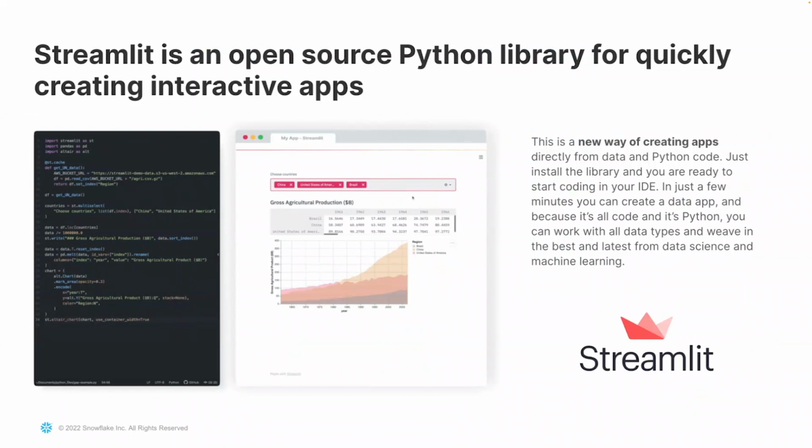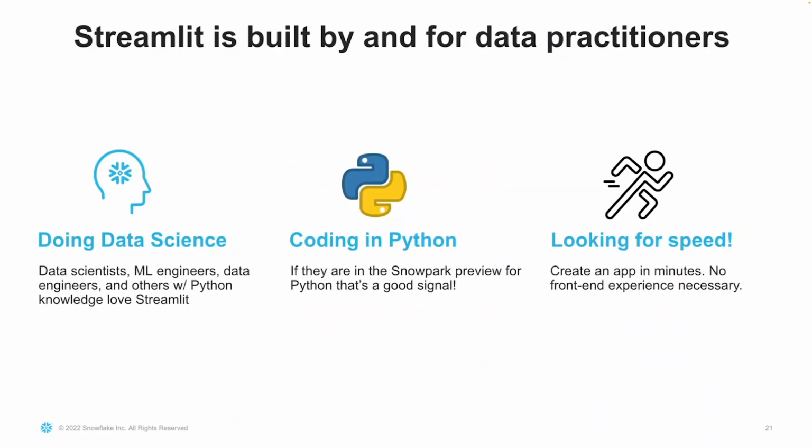You don't have to know HTML, CSS, or JavaScript, but you get all of the benefits of those things out of the box. So you get that interactivity that you get with a typical web app, but you get the ability to develop it all in Python. And so it's a new way of directly creating apps with Python for the web.